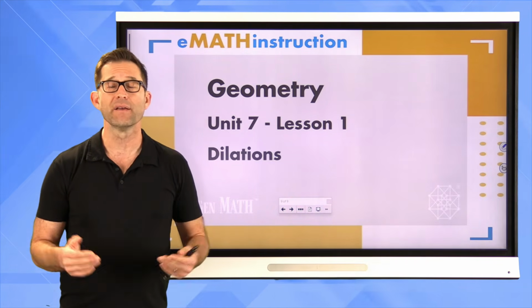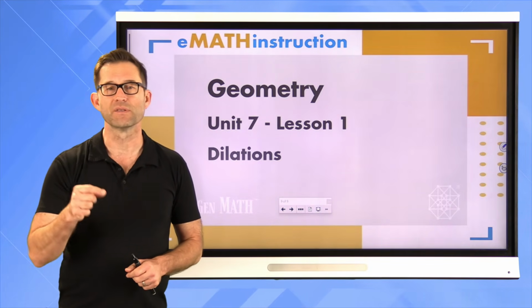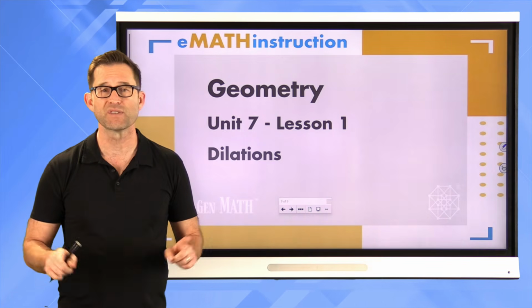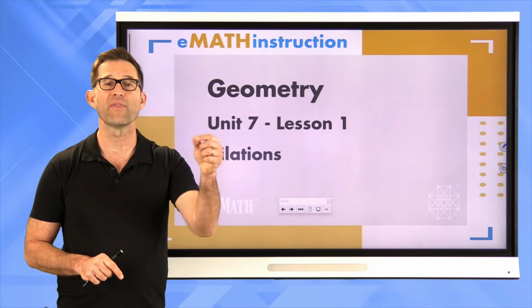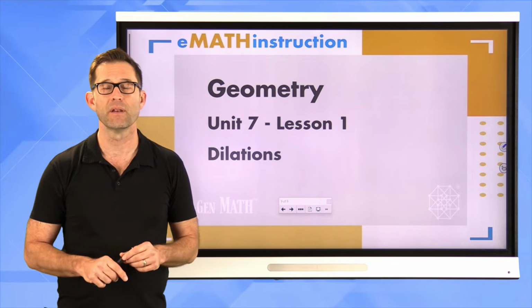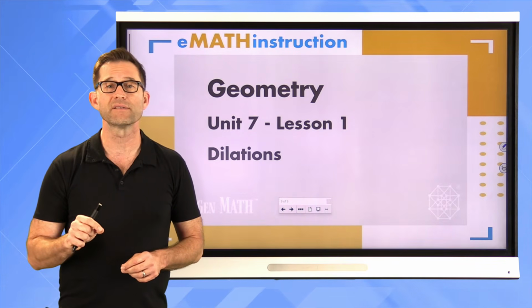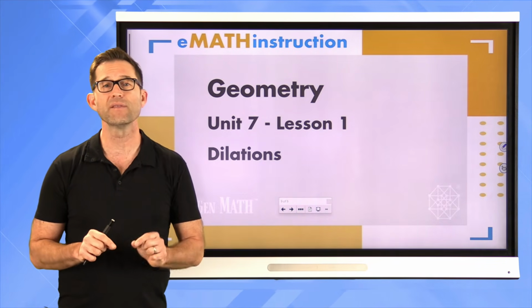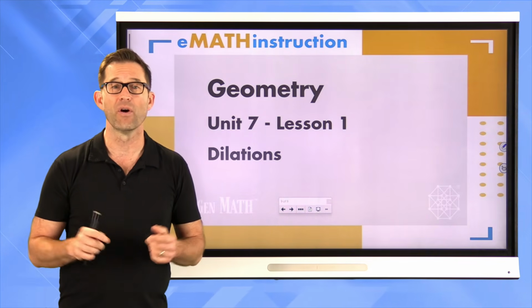Now, that led us to the most important thing in this entire unit, which is the fundamental theorem of dilations, which says when we dilate a line segment with a center point that doesn't lie on the line segment, or on the line that contains the line segment, then two things are true. The length of the image line segment gets scaled by exactly the scaling factor that you use in the overall dilation.